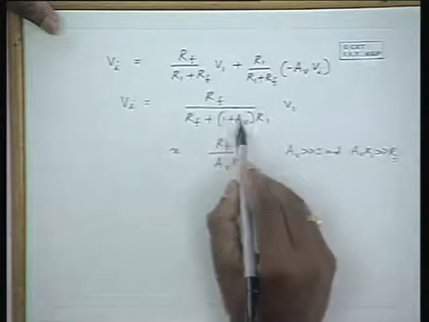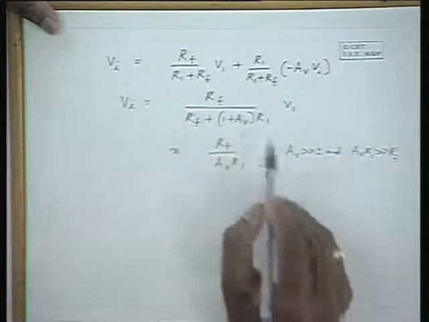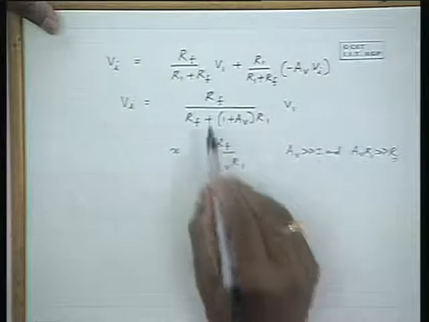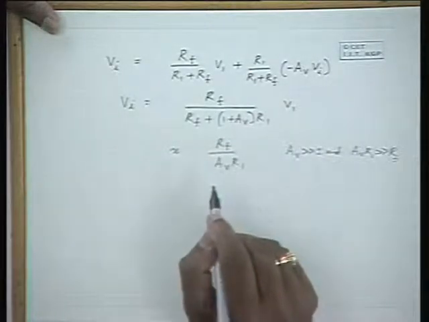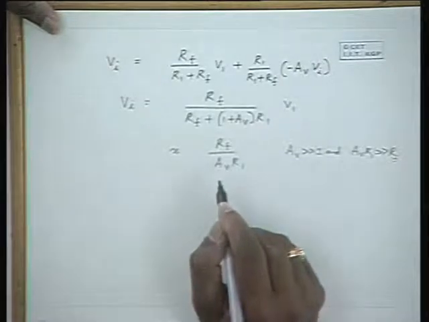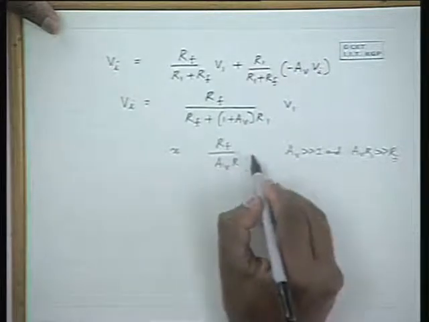When these two conditions hold, AV R1 is much greater than RF and AV is much greater than 1, this can be approximated as RF by AV into R1 into V1.